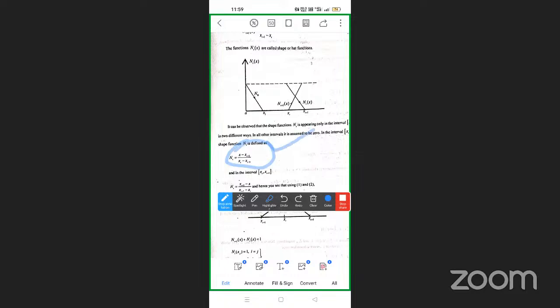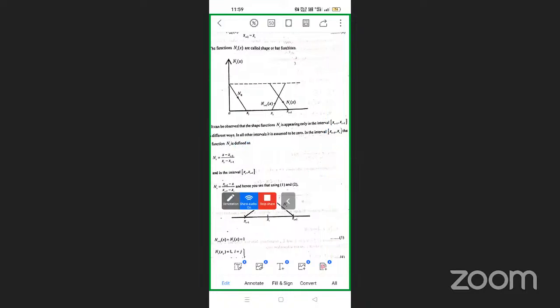So this is the equation, and it belongs to the xi minus 1 comma xi interval only. The shape function is different in different intervals.